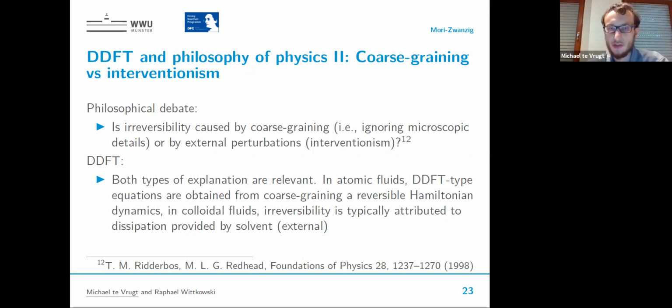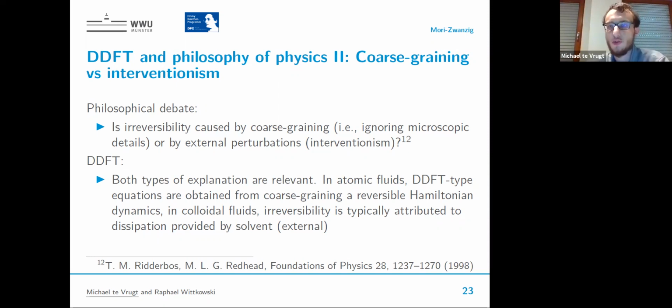And what we really should be thinking about is irreversibility as arising from external perturbations that a system is subject to. That is known as interventionism. So I'm not going to take a position on that here, but again, you can link these two schools, if you can call them that, to two different variants of DDFT.